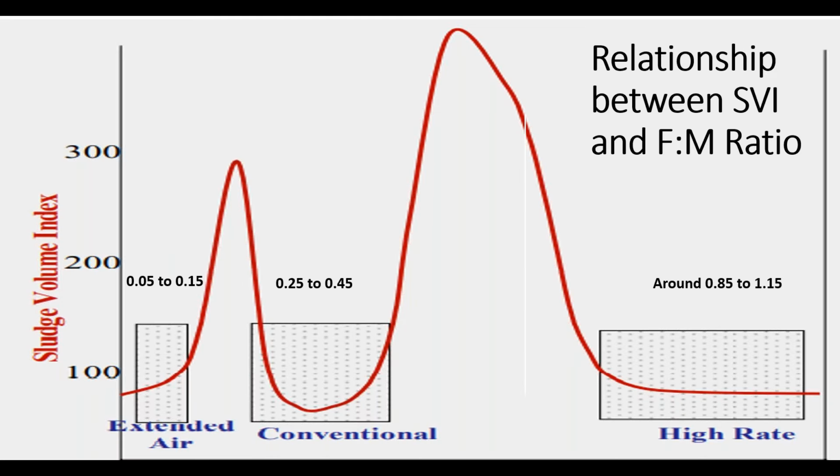And here's that diagram I wanted to show you for each type of treatment: extended air, conventional, and even high rate treatment. There's a little sweet spot where the FM ratio and the sludge volume index are just right. And of course, it would vary slightly for each plant, but the x-axis on the bottom is showing the FM ratio, and for conventional, we're going between 0.25 and 0.45.